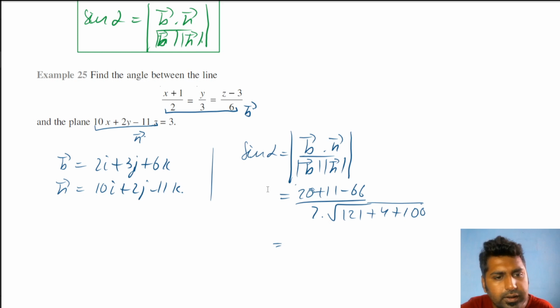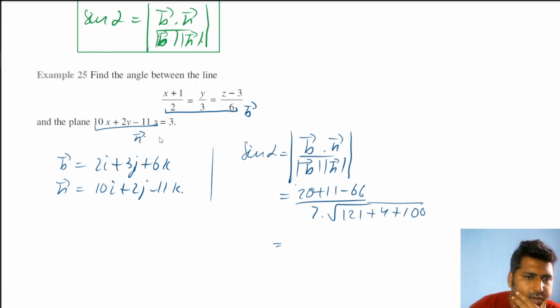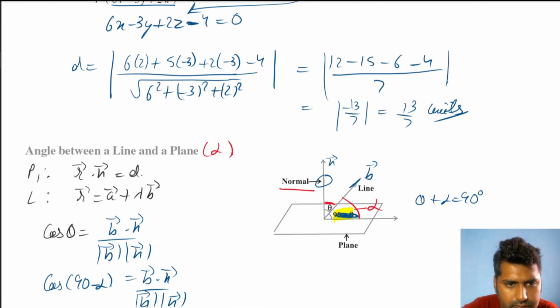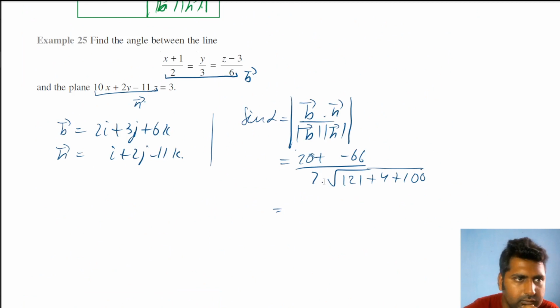Let me check, I put it wrong here once again. This is 10, my bad. 20 plus 6 minus 66 is now correct.